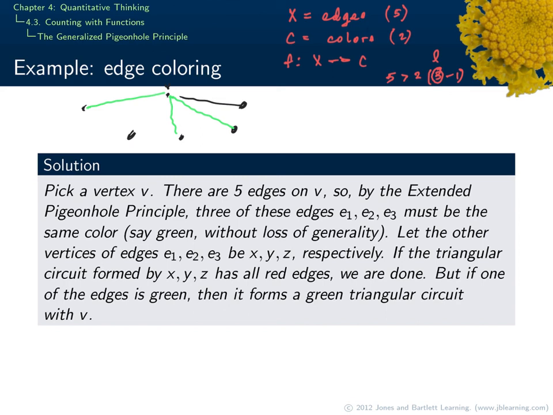So let's go ahead and color them red. All right. So now we're going to let the other vertices of the edges E1, E2, E3, these are the green edges, be X, Y, and Z respectively. So let's label them. So let's say this is X, and this is Y, and this is Z.